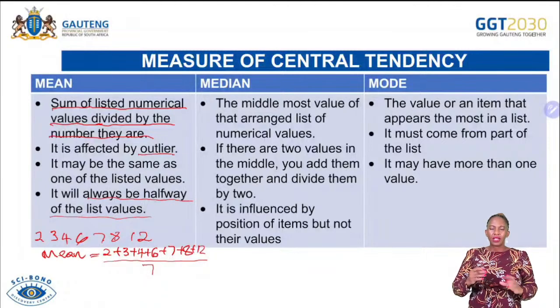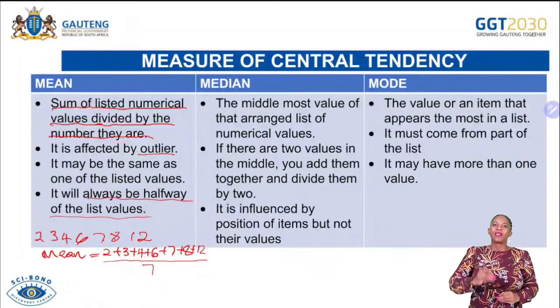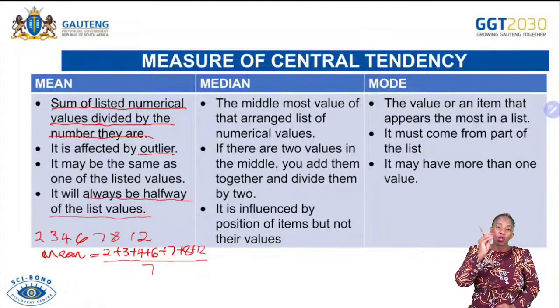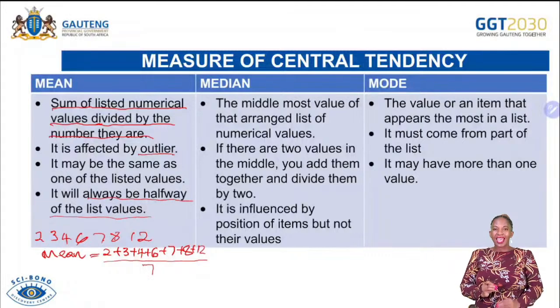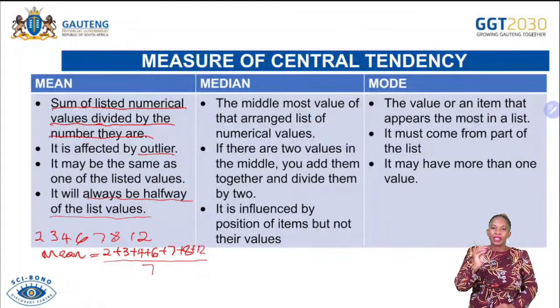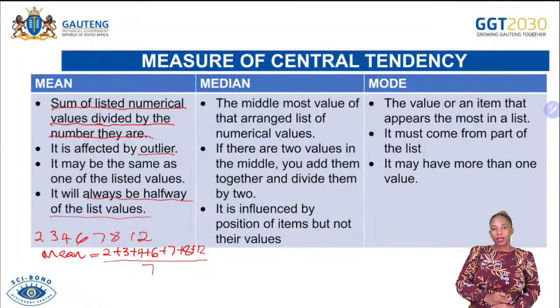When we add those numbers, we are calculating what now? The mean, because we add those values, and then after adding them, we divide them by the total number of you guys in a class. How many learners wrote this baseline assessment in a class? And then we get it.